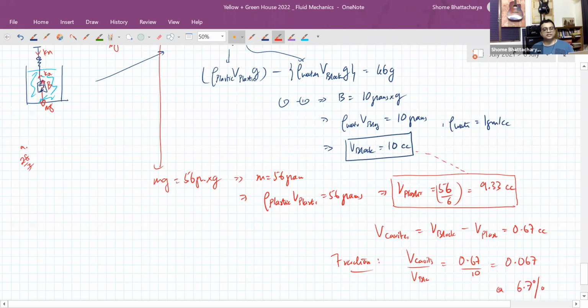It's a very small fraction, but it is there. So 6.7% of plastic is actually missing inside. What we are seeing from the volume outside is not the true volume of plastic, because there are cavities inside.